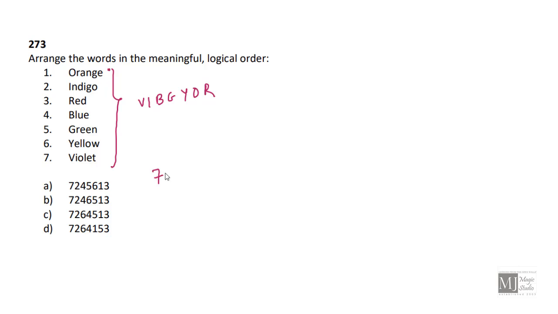V is 7, I is 2, B 4, G 5, yellow 6, O orange 1, and R red is 3. 7, 2, 4, 5, 6, 1, 3. Good. Option A fits in. These are the 7 color pattern of rainbow.